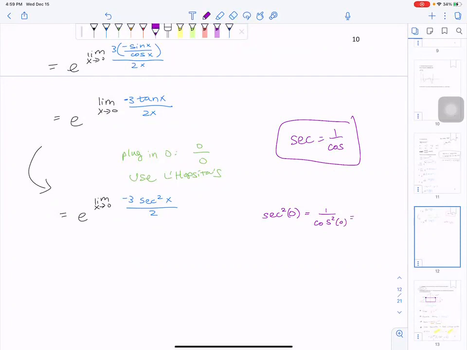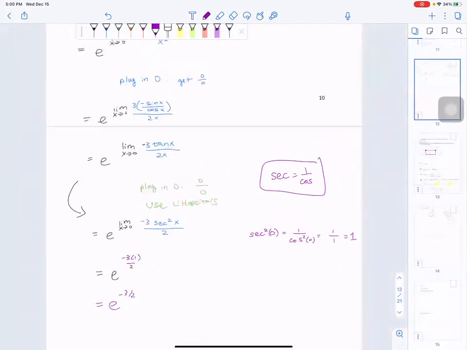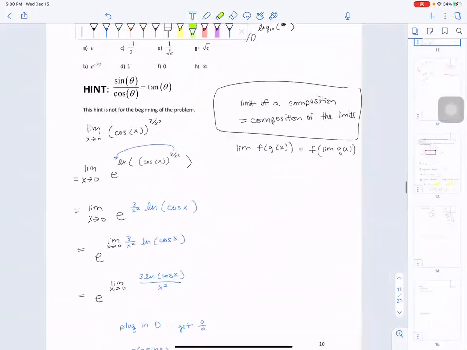What is cosine of 0? We know that's 1. So that's 1 over 1, or 1. So now we just found the limit of the top is 1 over 2. Wait, sorry, 3 over 2. Negative 3 times 1 over 2. So e to the negative 3 halves. So the correct answer was B.